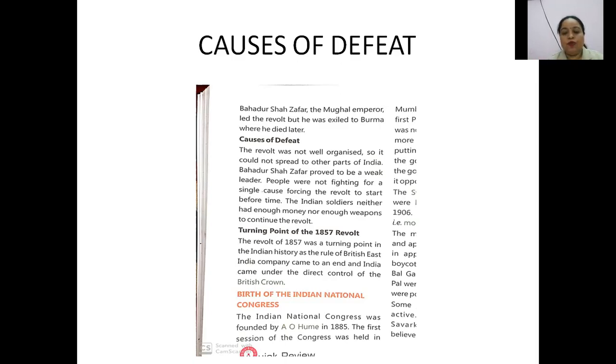Bahadur Shah Zafar proved to be a weak leader. The next important thing is that Bahadur Shah Zafar was a very old and very weak leader. So there was no particular leader to lead the revolt. The people were not fighting for a single cause. The revolt was forced to start before time.